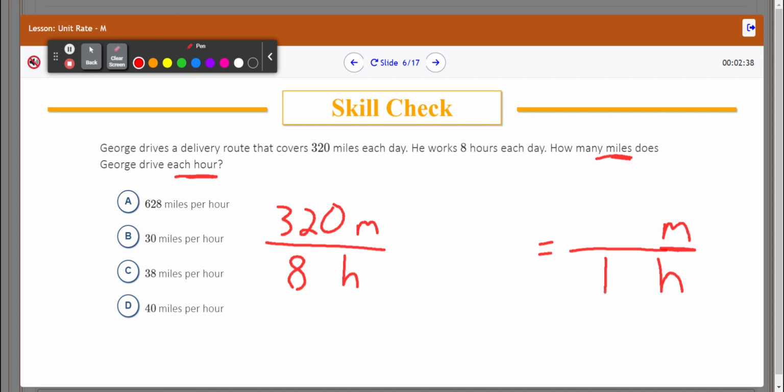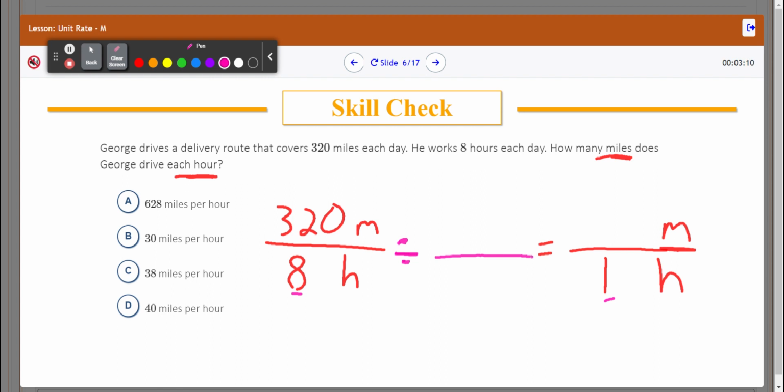So the way you set it up is like this. I need to get from 8 hours to 1 hour. I'm going down, from 8 to 1, and if I'm going down, that means I'm going to divide. 8 divided by what is 1?